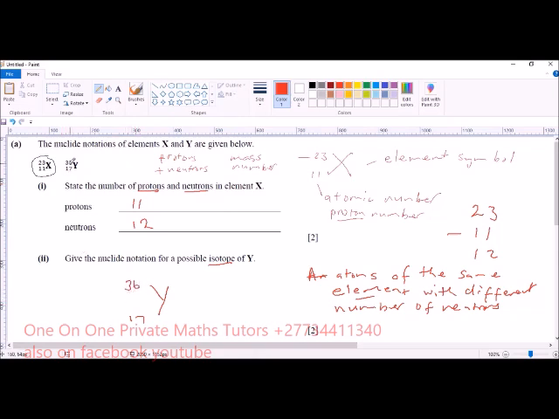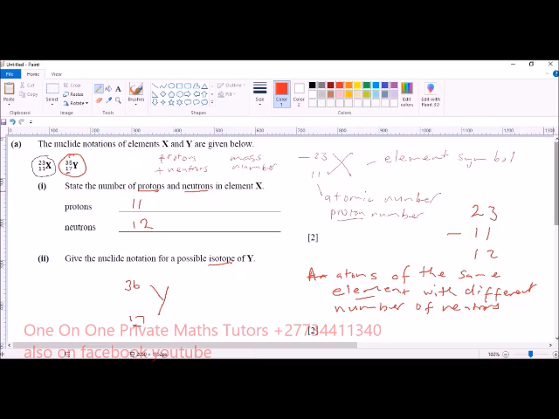So the only difference between this and our isotope is the number of neutrons, which will increase the mass number or decrease it. But if the number of protons is the same, then it is the same element. The number of neutrons may differ, which means that this number can be different. All right, I hope it's making sense.